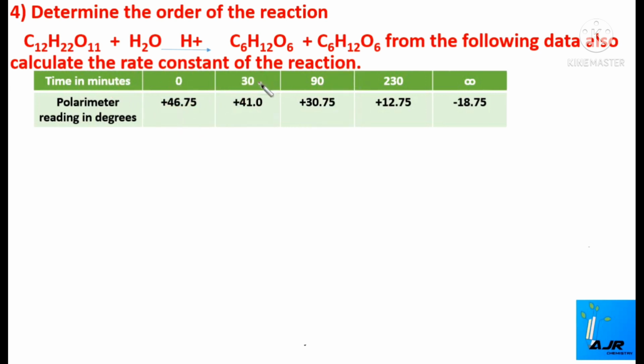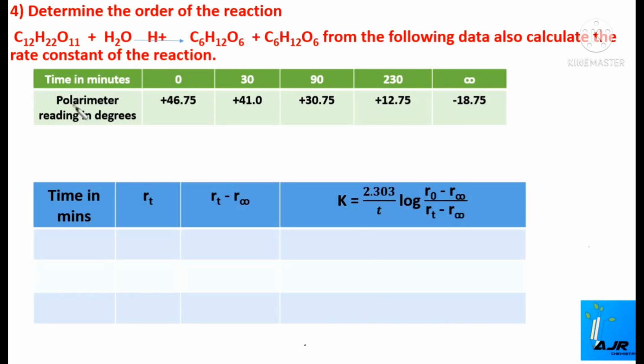Time in minutes is given: different time intervals, 30 minutes, 90 minutes, 230 minutes, and at infinity. And polarimeter reading in degrees. Rotation in degrees is given. Plus value, plus value, plus value, plus value, and it's a minus value. So different data are given, and you're supposed to find out which type of order or which type of reaction it is, and if we use a tabular column, then it will be easy for you to do the problem.